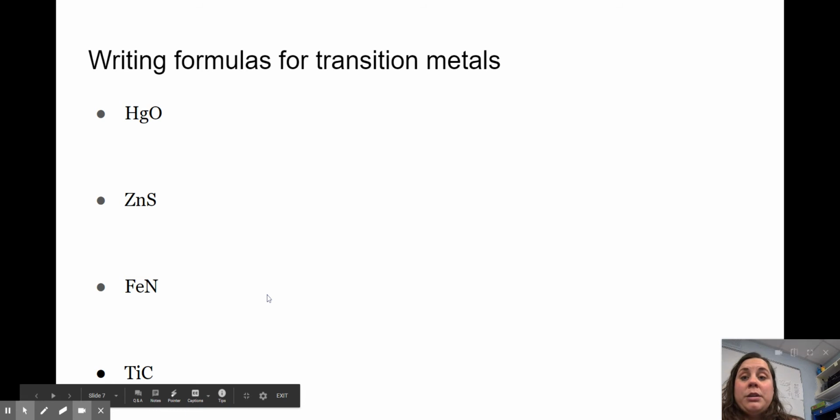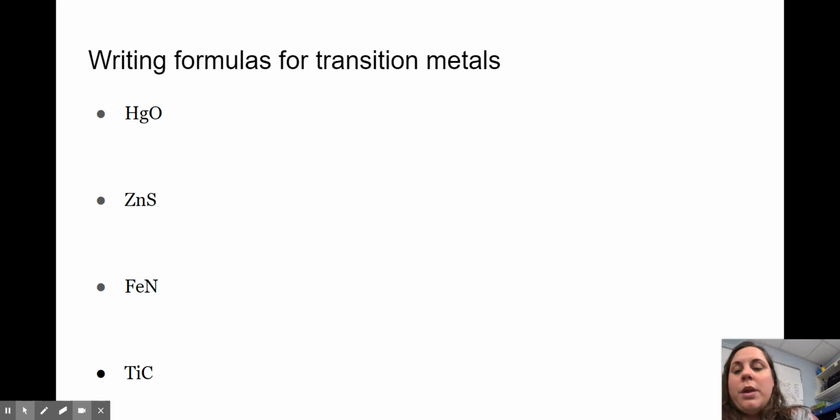On our next page, continuing on, we have mercury and oxygen. When I cross up the charges, it tells me that mercury is +1. Tells me that oxygen is -1. When I go to check this on the periodic table, oxygen, that's not correct. So it's actually -2.